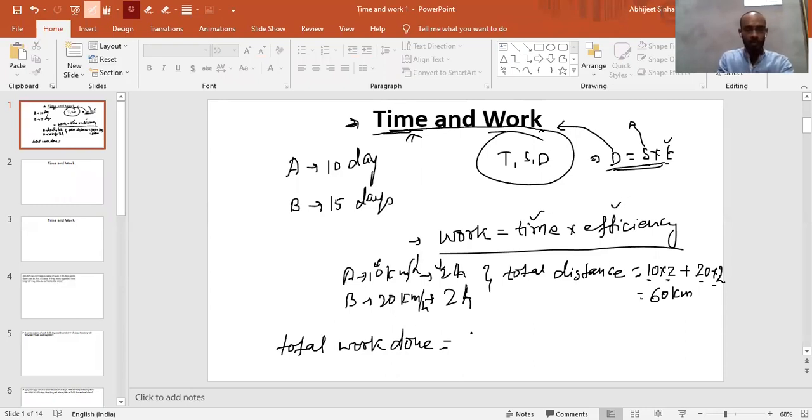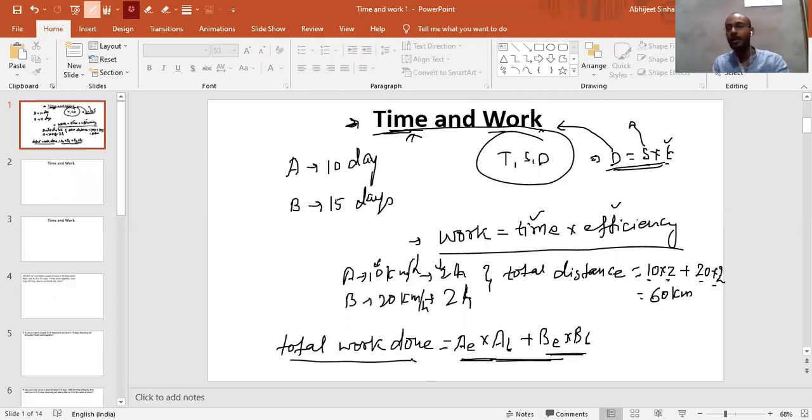If A's efficiency is AE and A works for time AT, and similarly for B, BE into BT. The efficiency into time gives the work done by A, and efficiency into time for B gives the work done by B. The sum of the work done by A and B gives the total work done by both of them.